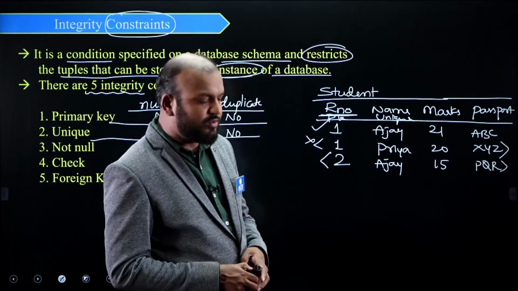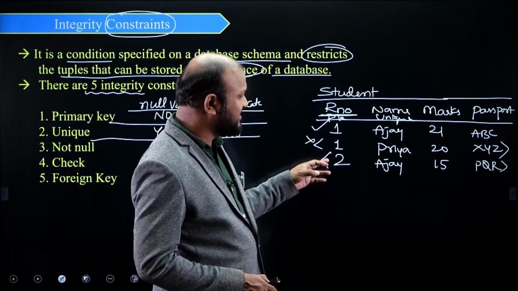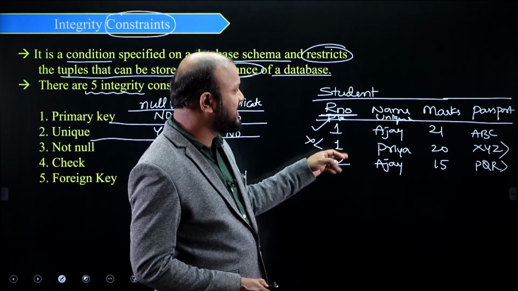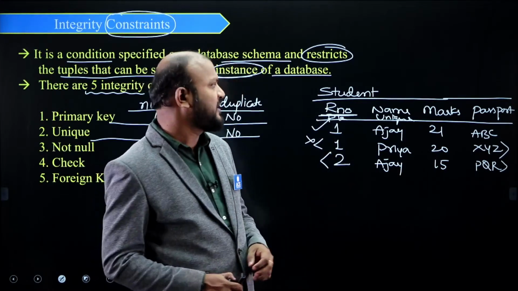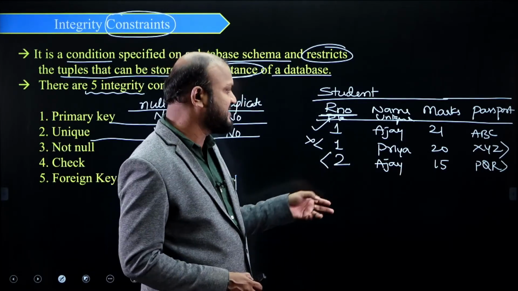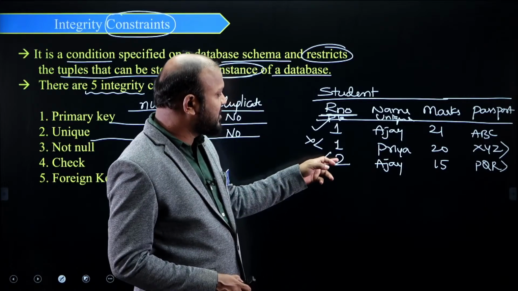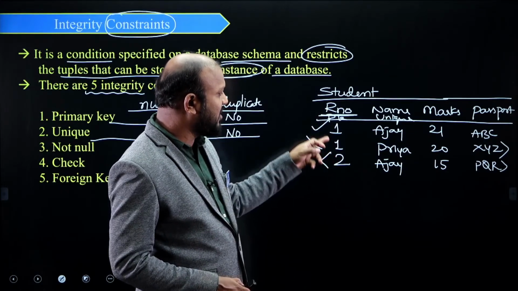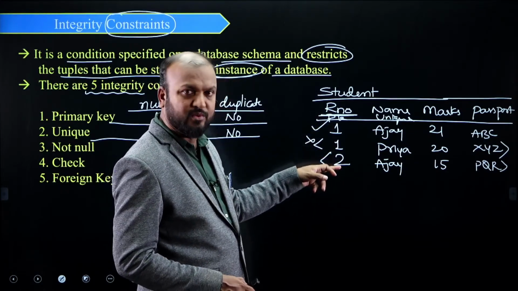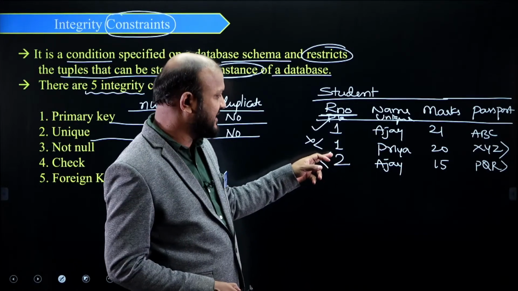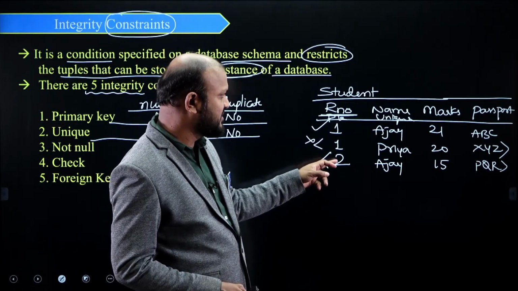It is going to check this tuple against the integrity constraints specified over the database and against the existing tuples. Here the roll number 2, already 1 was there but not 2, so there is no duplicate and it is not a null value, so it is allowed.